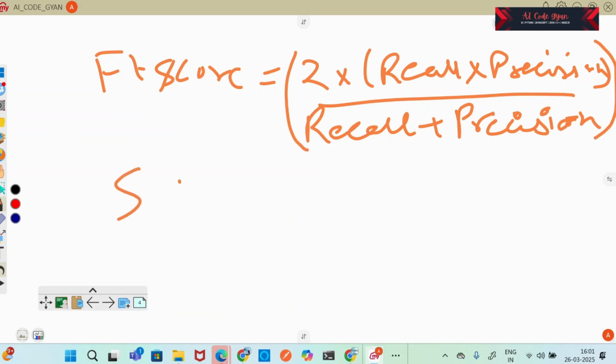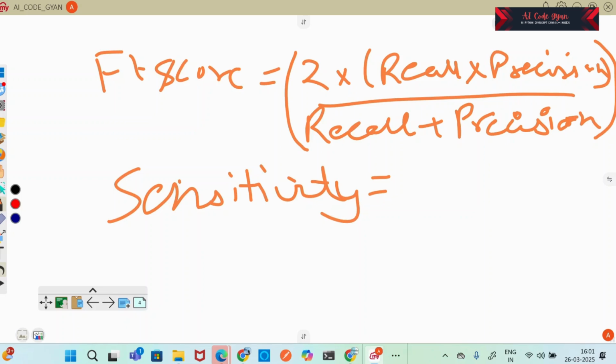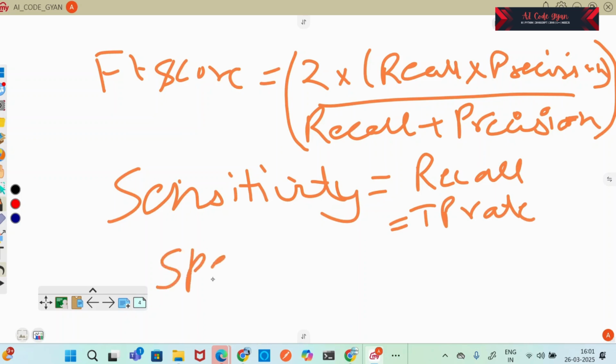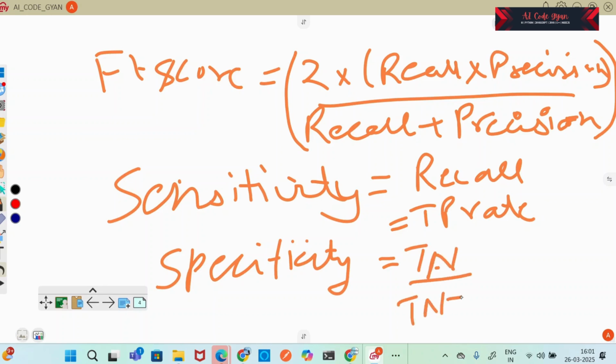Now let us talk about sensitivity. Sensitivity is the same as recall, which is also called the true positive rate. Now there is another term called specificity. This is TN by TN plus FP, which determines the true negative rate.